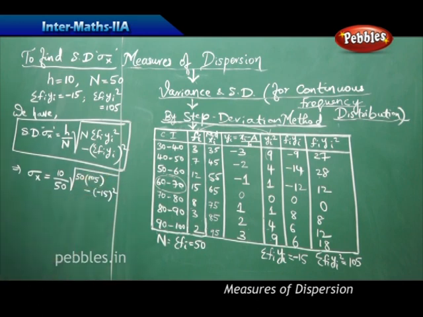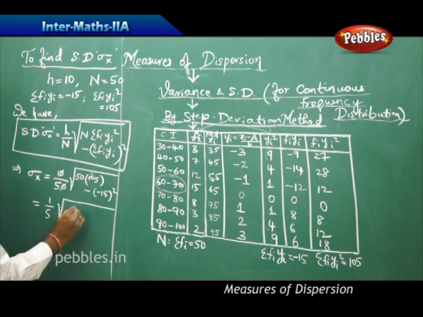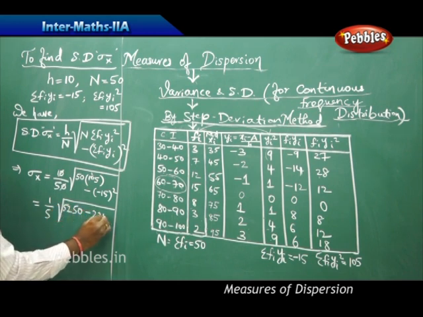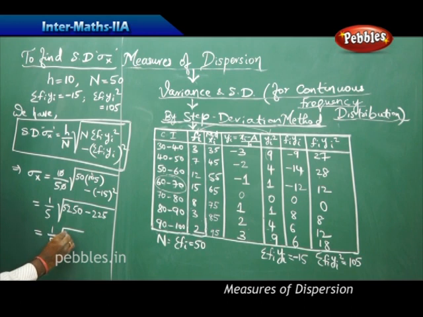Simplifying this, I get 1 by 5 root of 50 times 105, which is 5250, minus 225, which is 5025.